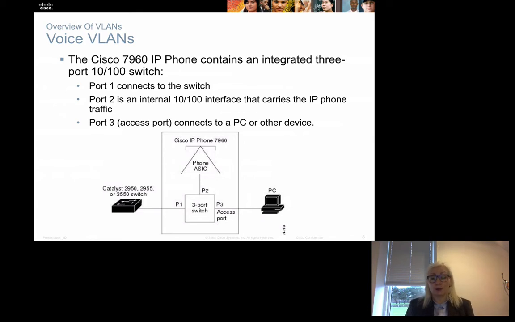It will see the voice VLAN and the data VLAN, and the switching from the data traffic to the voice traffic will happen within the IP phone, because this is actually a small switch. So we can see here in port 1 where the traffic comes in, port 2 is the voice VLAN, and port 3 is the data VLAN.